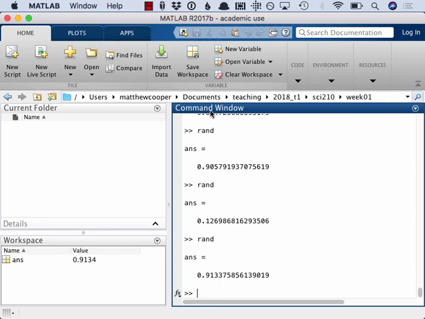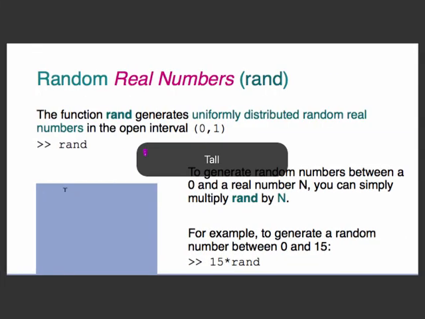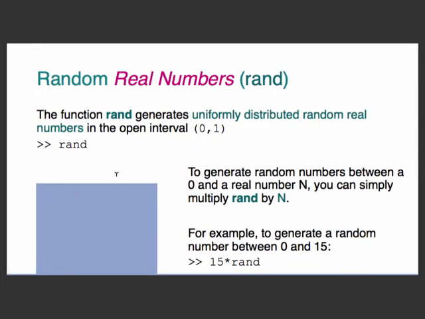And by uniformly distributed, I mean, in some vague sense, this isn't exactly mathematically correct, but in some vague sense, each point is equally likely, right? So if you looked at the probability distribution function, that'd be 0, that would be 1, and that would be flat, right? Each number between 0 and 1 is equally likely to be generated.